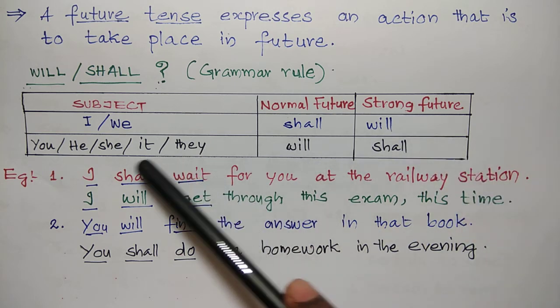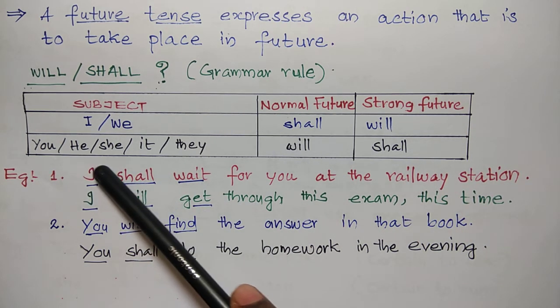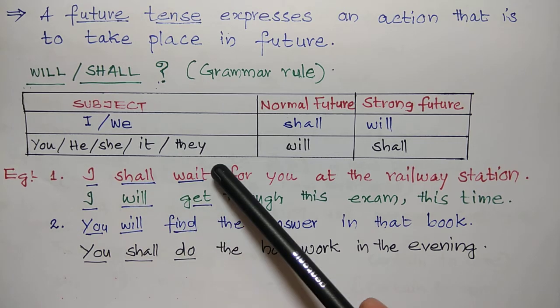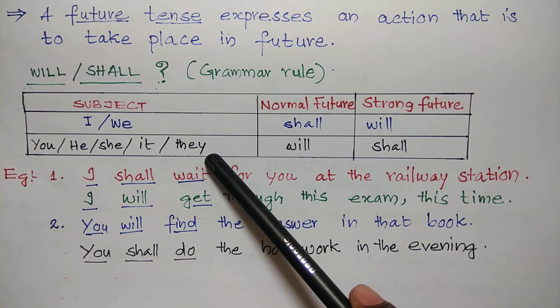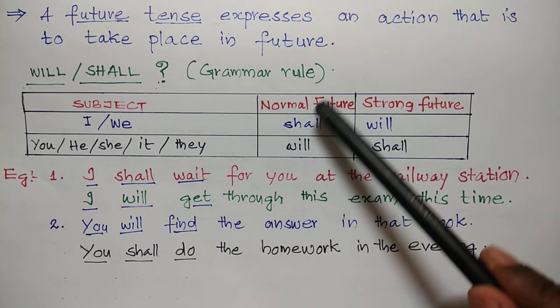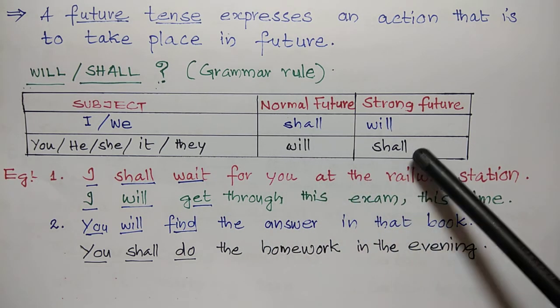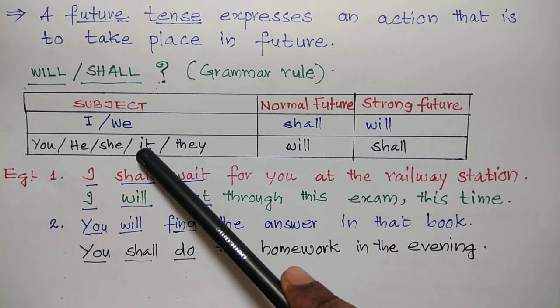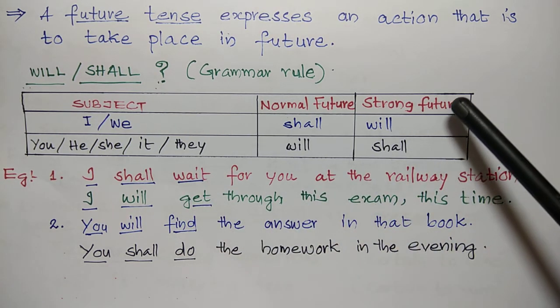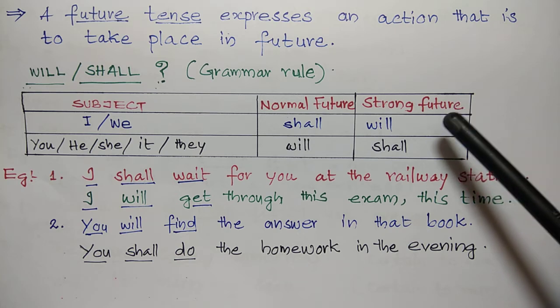It is reverse in the case of you, he or she or it or they. When we use will with these pronouns or subjects, then it is normal future. When we use shall with these subjects, it is a strong future or a definite future or a determined action.